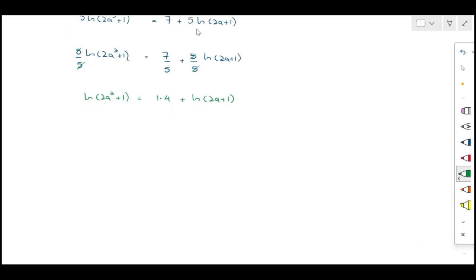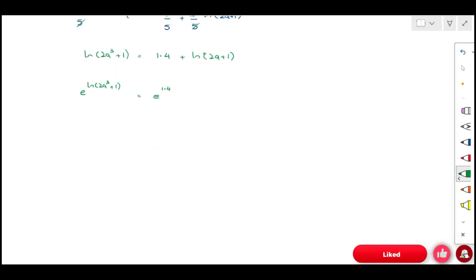So here e to the power natural log of 2a cube plus 1 equals e to the power 1.4 plus natural log of 2a plus 1. So what I did, I took exponential on both sides, e to the power this thing and e to the power this thing, right? e and ln cancel out.